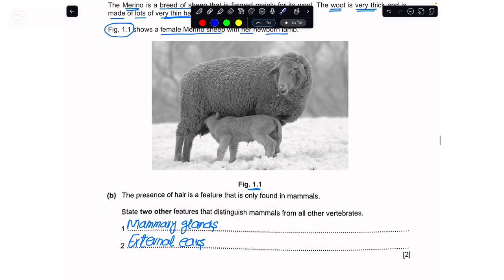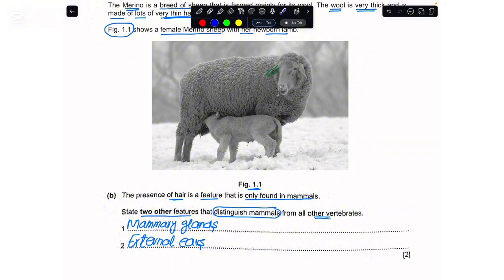Now they ask you, for 2 marks, that the presence of hair is a feature found only in mammals. You are required to tell them 2 other features that distinguish mammals from the other vertebrates. None of the other vertebrates, the organisms with a backbone, have external ears, and none of them have mammary glands.